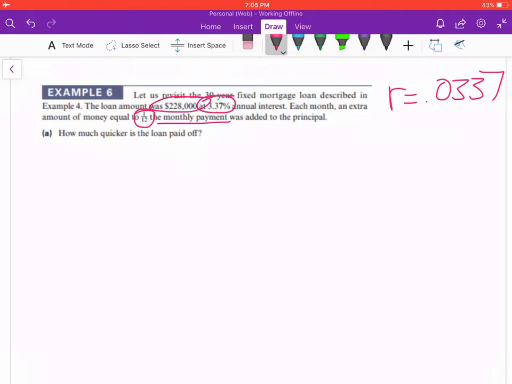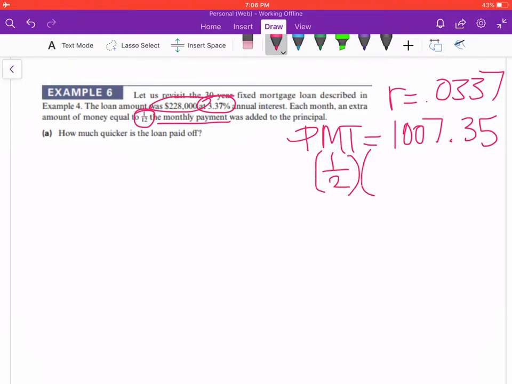So the question is, how much quicker is the loan paid off? First, from example 4, we found that the payments were equal to $1,007.35. So we need to figure out what 1/12 of the payment is.